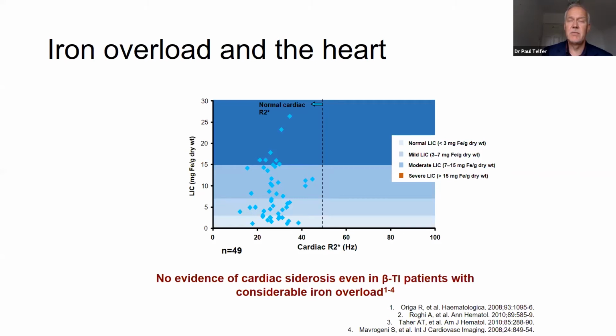But it may well occur in patients who do get intermittently transfused, and particularly those who are in the older age range, perhaps over the age of 50. So even though the risk seems to be less of iron-induced cardiac damage, you still have to bear it in mind, and at some stage these patients will require some assessment of myocardial iron loading. Next slide, please.